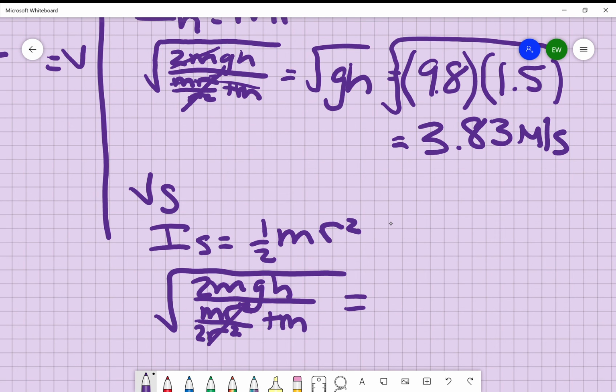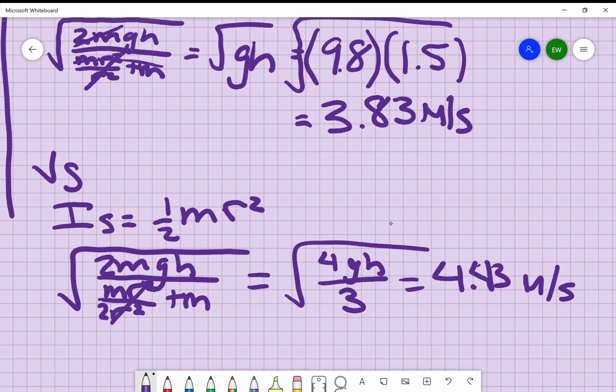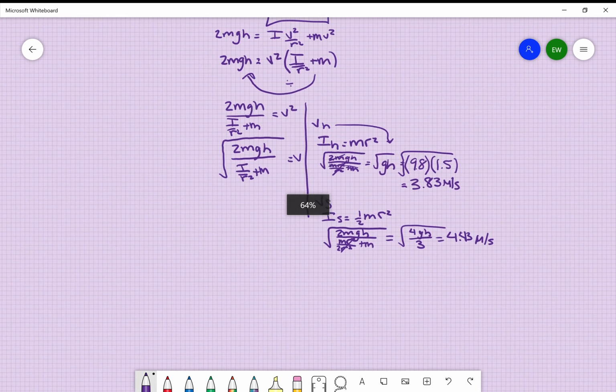So I have a half plus a whole, which gives me 1.5 over 2. Because of this 2 up here, we've got 4gh over 3. And after I put in the 9.8 and the 1.5, that gives me 4.43 meters per second. I don't know why I said squared. That's incorrect, because these are speeds. Ta-da! It looks like a lot.